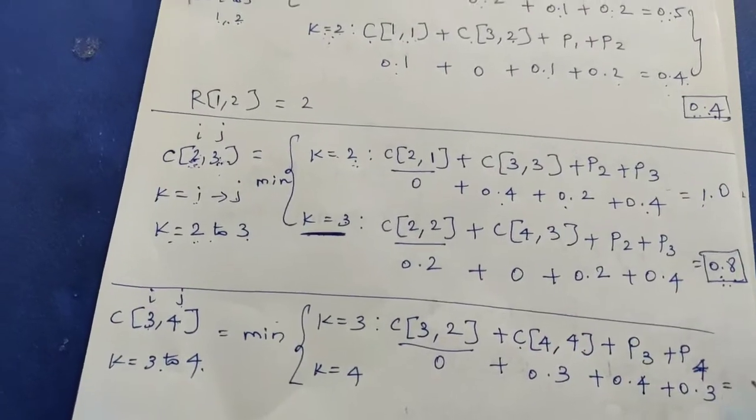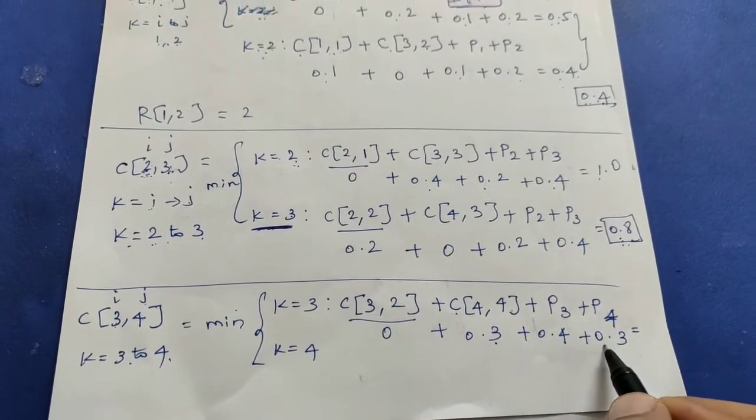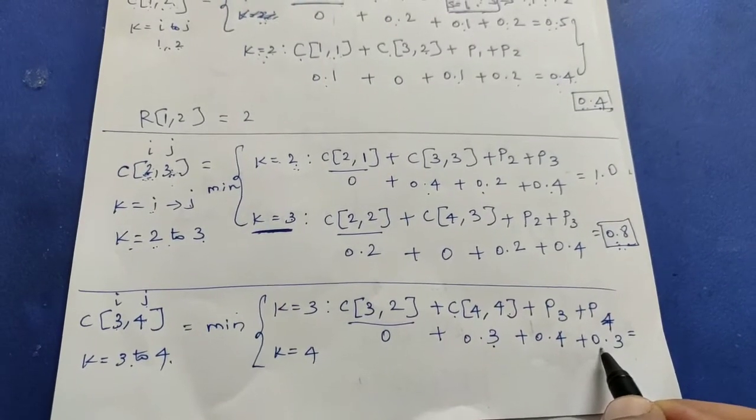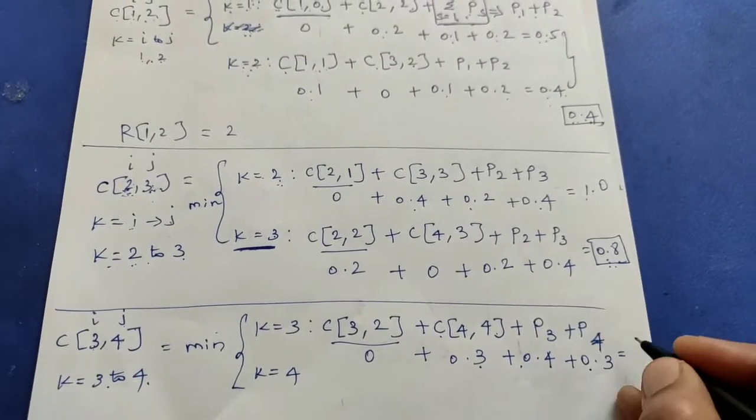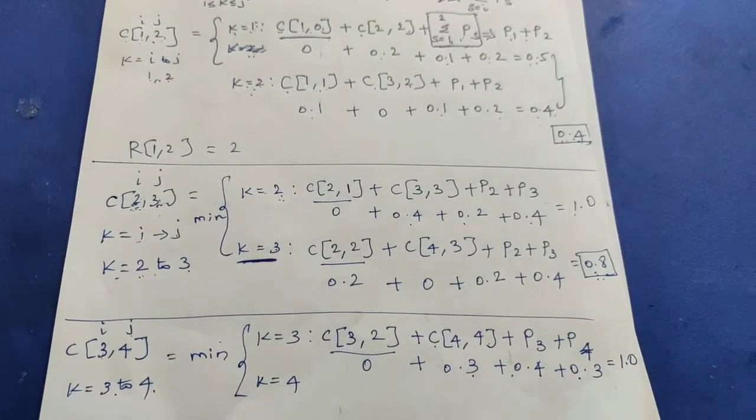Now add this value, 0.3, it is 0.6, plus 0.4, it will be 1.0.